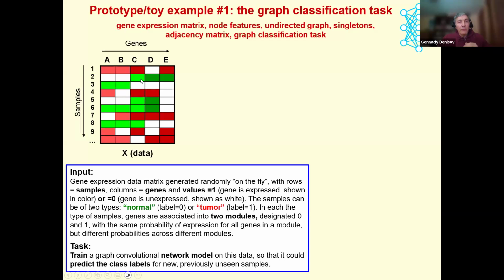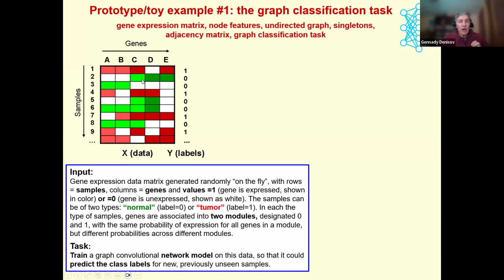The samples may be of 2 types: the normal samples shown in green color and assigned label 0, and the tumor samples shown in red color and assigned label 1.